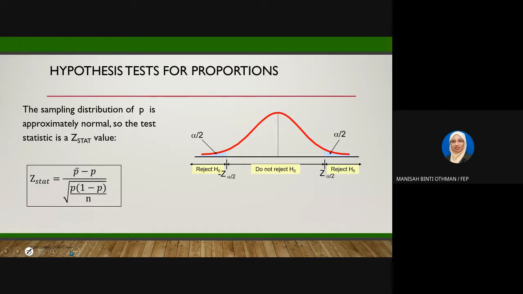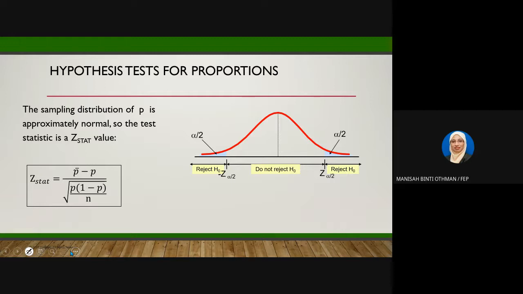For population proportion, we will use a Z distribution, same as estimation. To identify the critical region, the rejection region or non-rejection region, it is still based on the alpha value, and then we refer to the Z table.